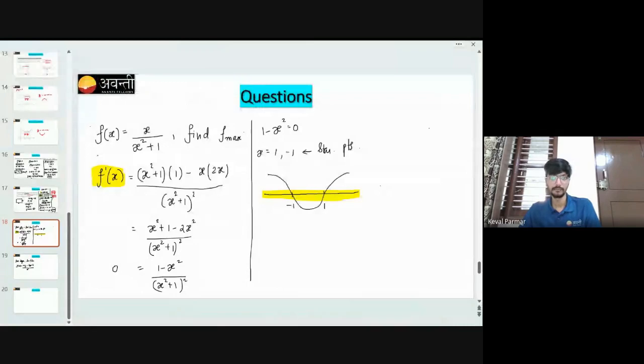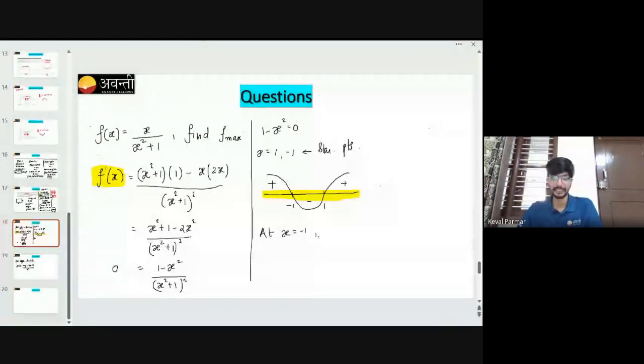At minus 1, f dash is 0 because it is a root. Before minus 1 it is positive. After minus 1 it is negative.